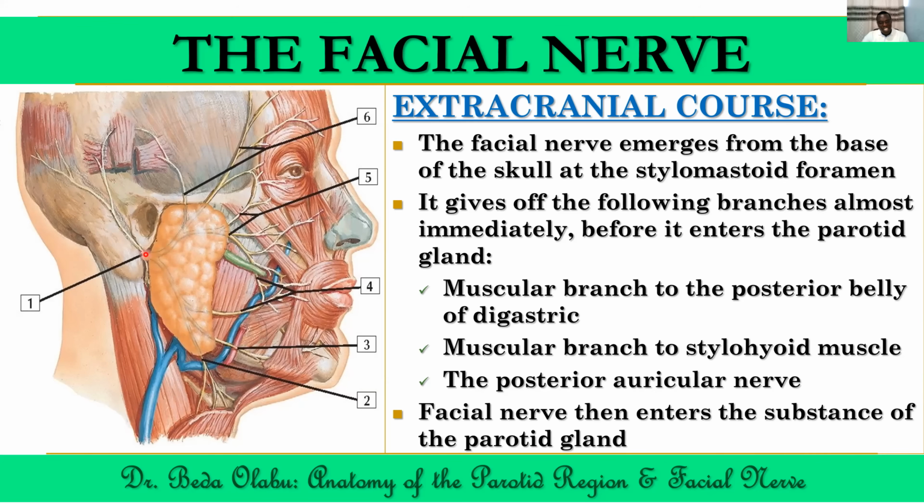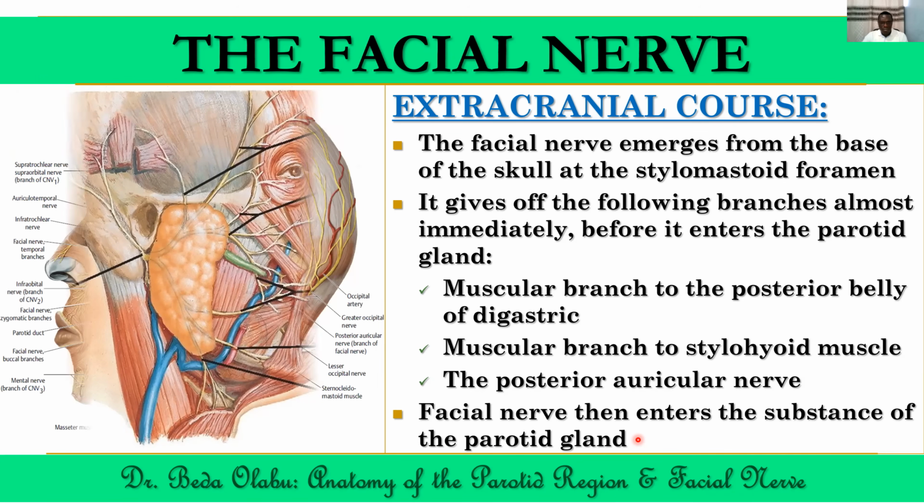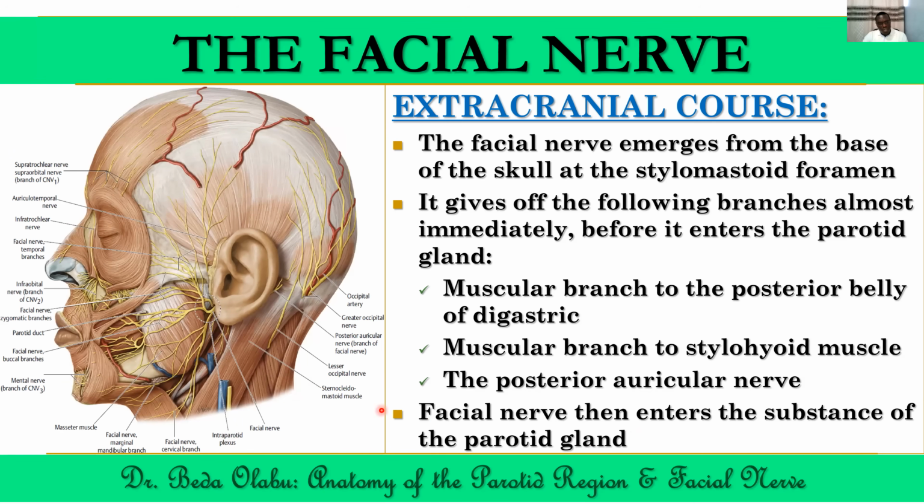After the facial nerve has given rise to those branches, facial nerve enters the substance of the parotid gland, usually from the posteromedial surface of the gland. So this is facial nerve. This is the posterior auricular branch of facial going behind there. And perhaps that's a motor branch of posterior belly of the digastric.